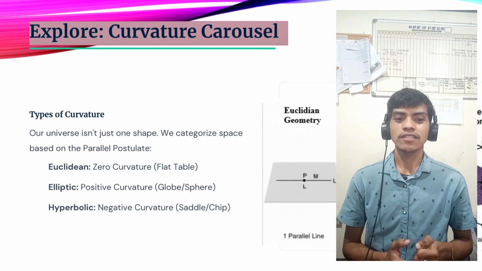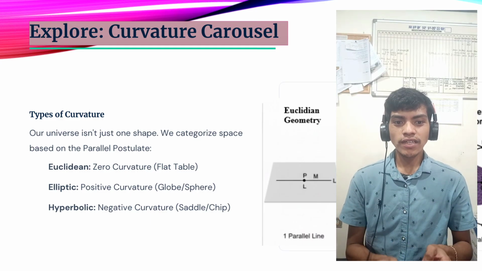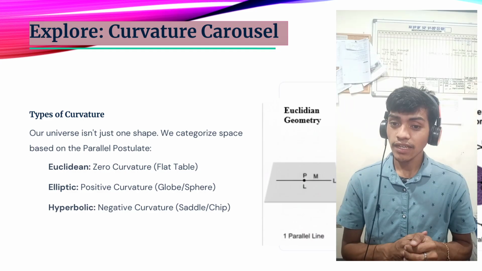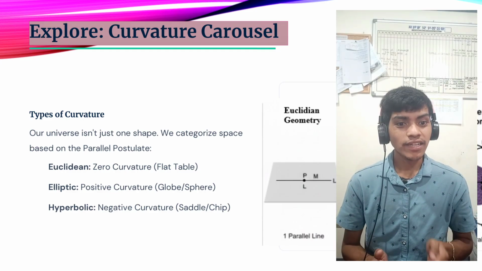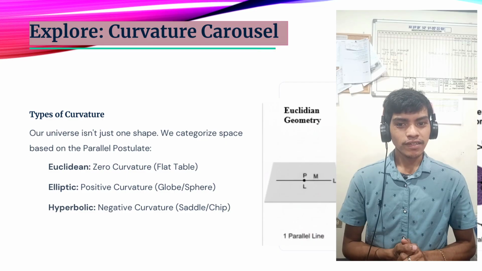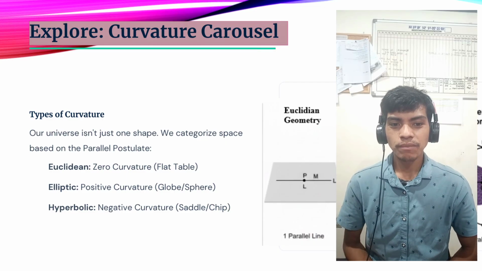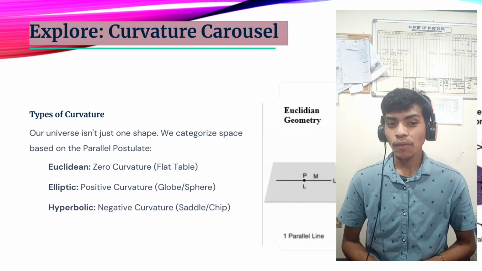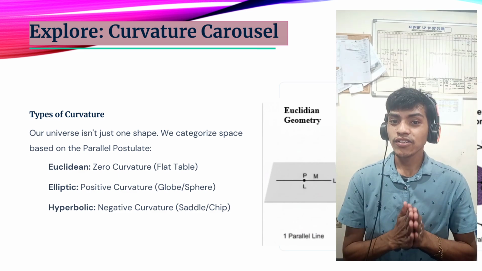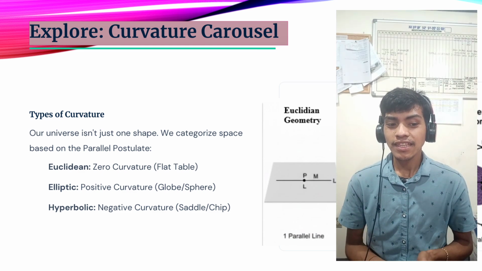Yes, it's correct. Now, most interestingly, the negative curvature is shaped like a saddle or a potato chip. Yes, hyperbolic. Each of these follows its own unique geometric law. So do you know these three types?